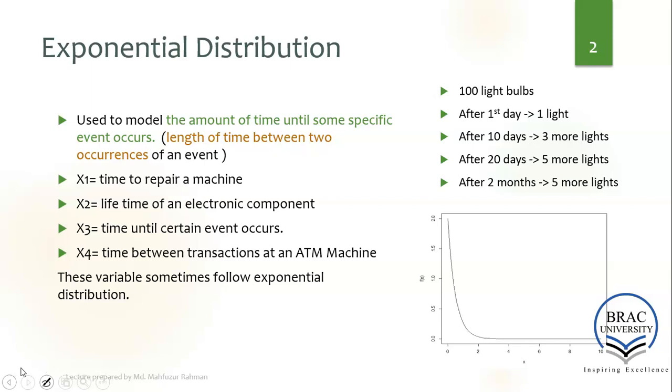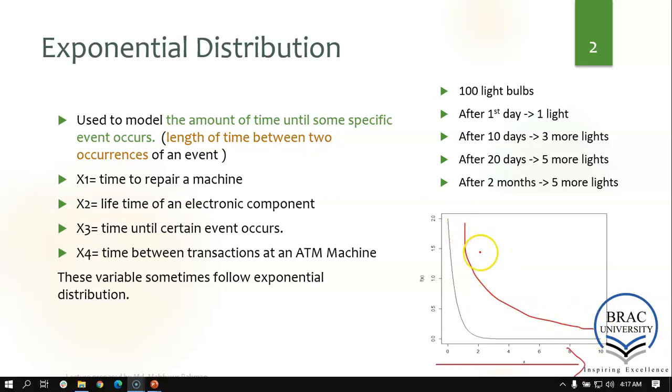And after a few months, 5 more lights got fused. So what you can observe here is that as the number of days increases, the lifetime of a light bulb decreases. And to find that probability, we can use the exponential distribution.